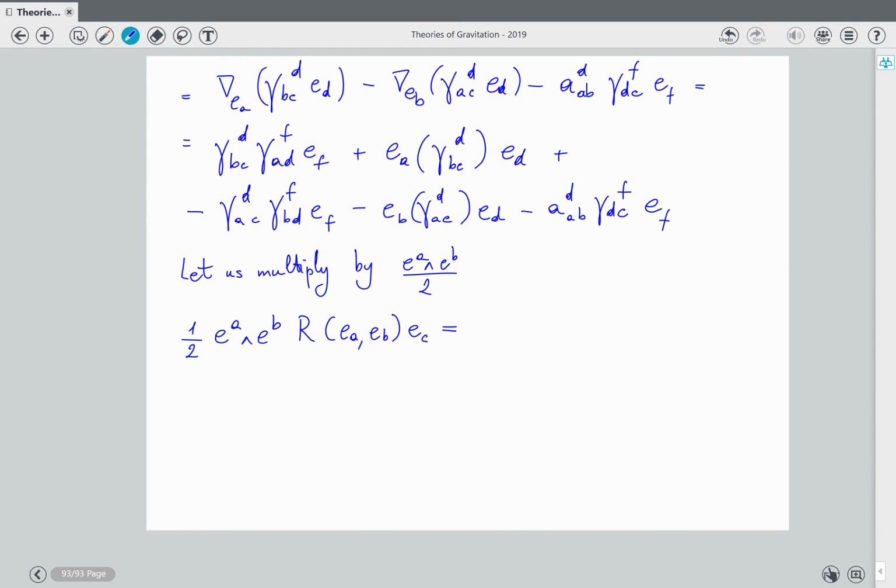Observe that when you consider the first object here, if you multiply this, these are functions, so you can move them to the right, doesn't matter. But if you multiply by EA, contracting this EA, you get what we call omega. And if you multiply by EB, that one, you get another omega. So the first contribution will give omega FD omega DC EF.